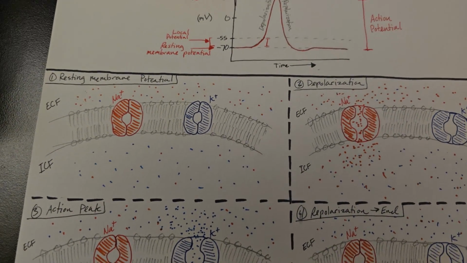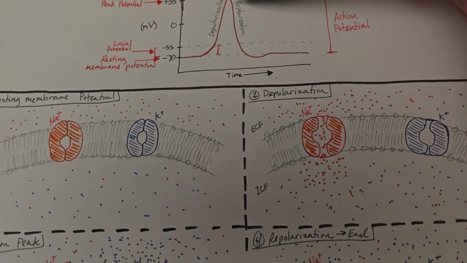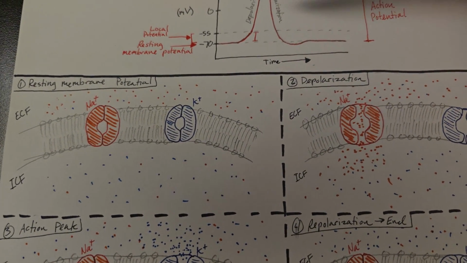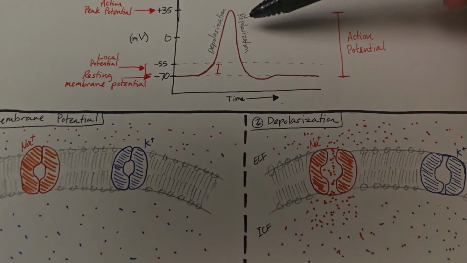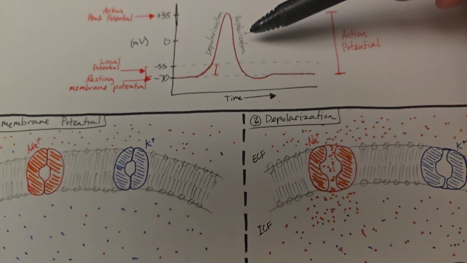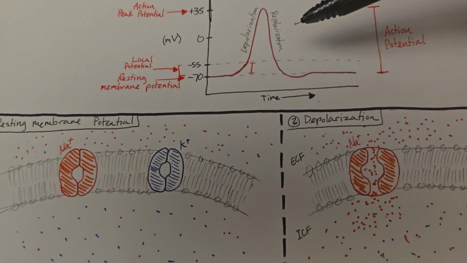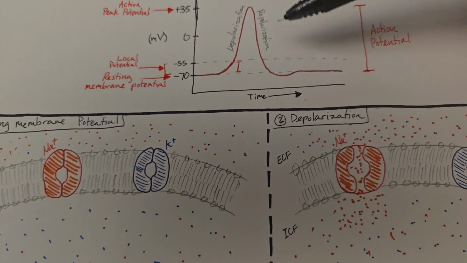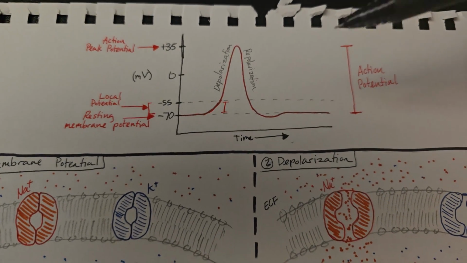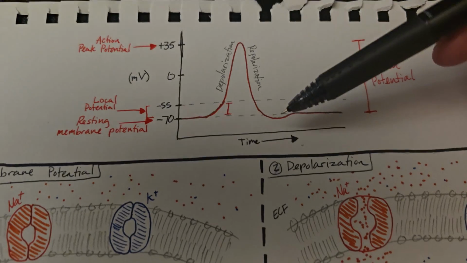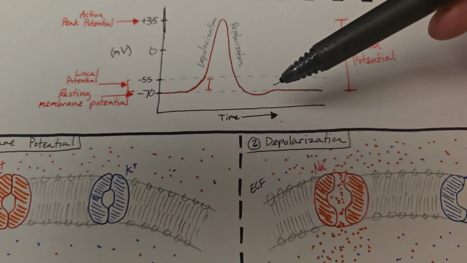Once it reaches that point, it'll go back down into this stage of repolarization. As it goes down, it's going to get more negative as the cations are exiting the plasma membrane. It'll eventually go back down to negative 70 millivolts.